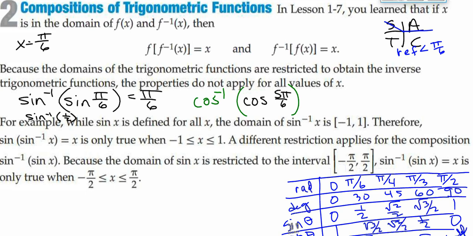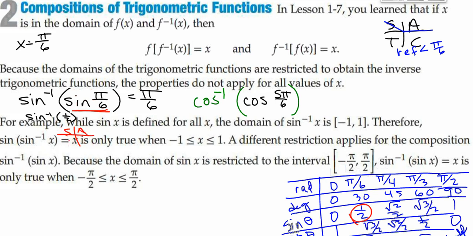And I just want to revisit this last thing that we said before we left. We talked about the inverse sine of the sine of pi over 6. The sine of pi over 6 is 1/2, so that's the inverse sine of 1/2. I'm going to add in "all students take calculus," because that will be important.